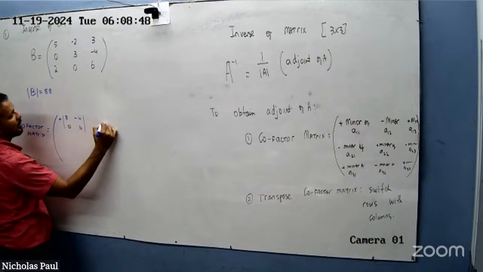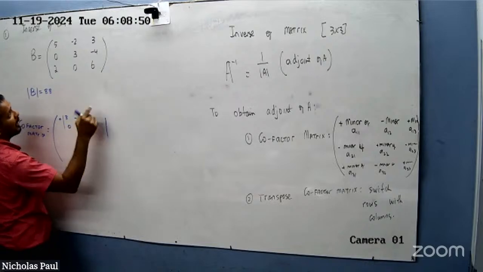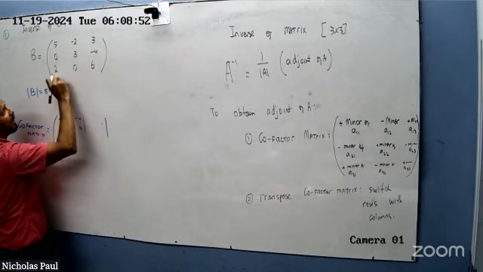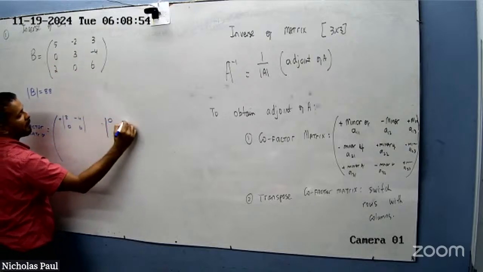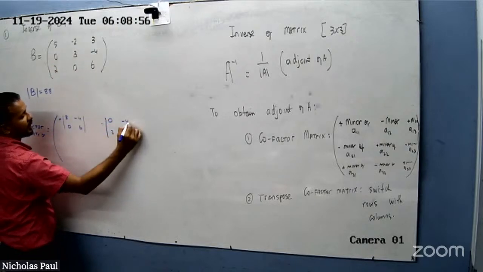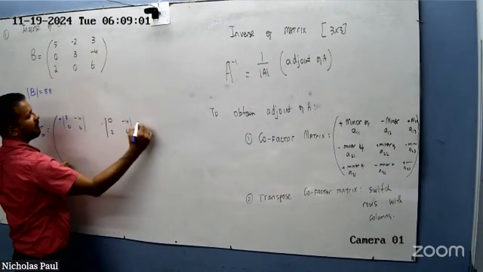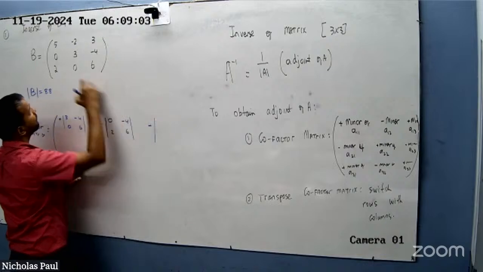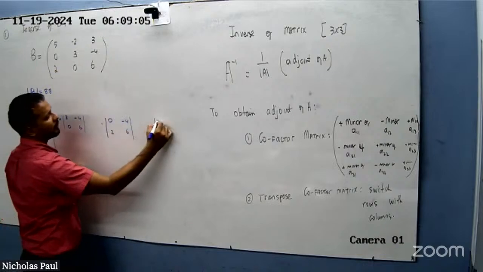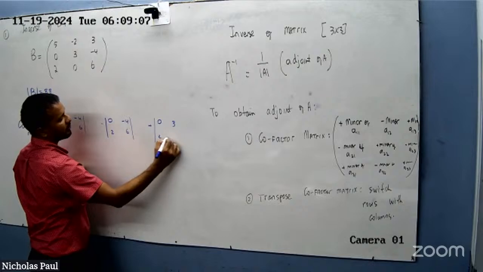Next, minus, open bracket, modulus sign, 0 minus 4 times 6. Next, for this one here, positive, 0 times 3 minus 2 times 0.